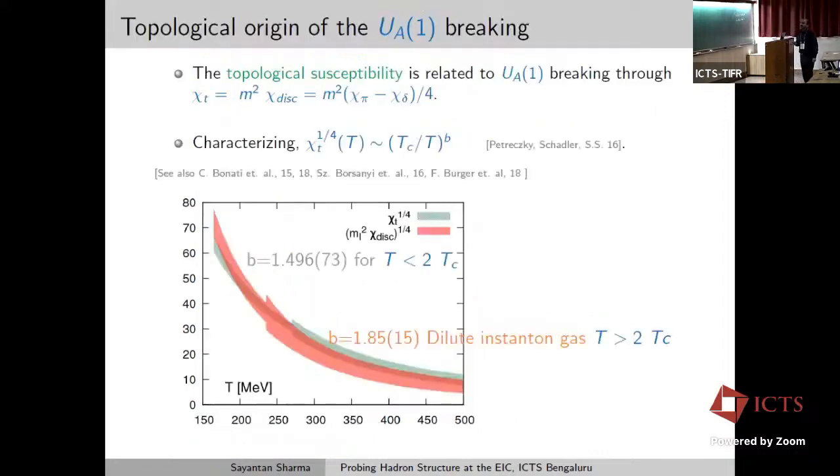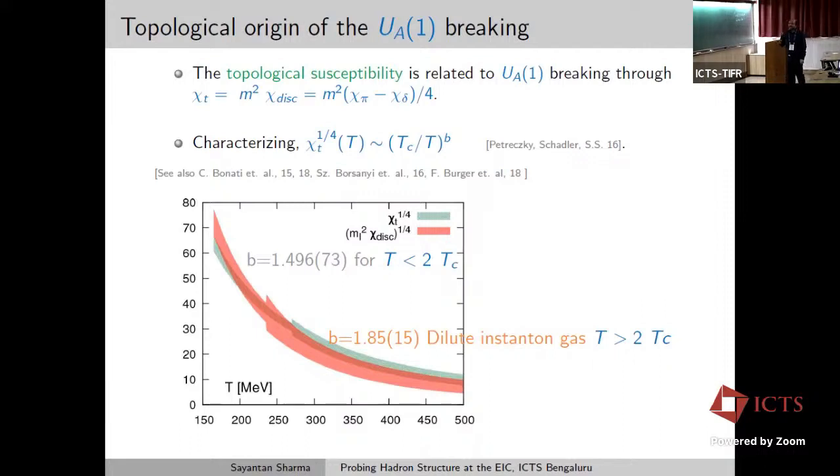So now we also tried to understand what is the origin of this U(1)_A breaking. So again, if one looks at the Ward identities, then this topological susceptibility, this is an exact relation. Sorry, this one also comes from the Ward identities. So the topological susceptibility is related to the disconnected piece of the chi_5, which is the pseudo-scalar susceptibility.